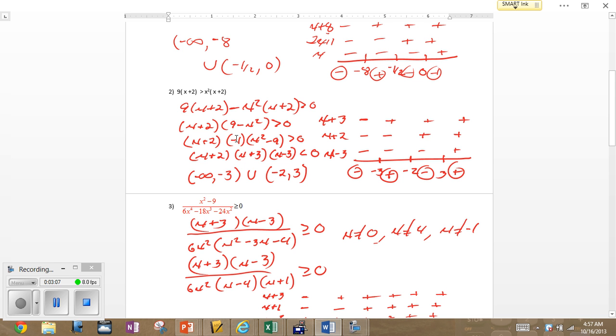I commonly would prefer to see this as x squared minus 9, so I can rewrite that at the expense of pulling out a -1. If I then divide both sides by that -1, I'll make it disappear at the expense of flipping the sign from a greater than to a less than.